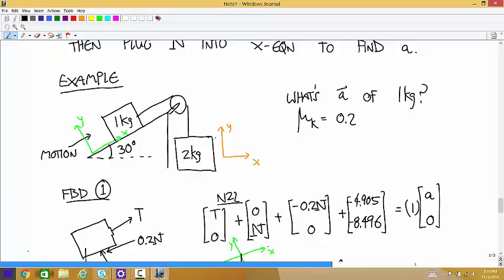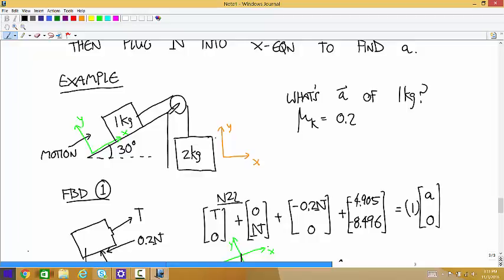That means that first block is accelerating in the positive x direction. Like, imagine this A is positive 1. So if this has an acceleration of positive 1 in the x direction, what are the components of the acceleration of this one? That's the question. Yeah, this would have an acceleration of 1 in the negative y direction. And so I'm going to represent the acceleration of that hanging mass as 0, negative A.